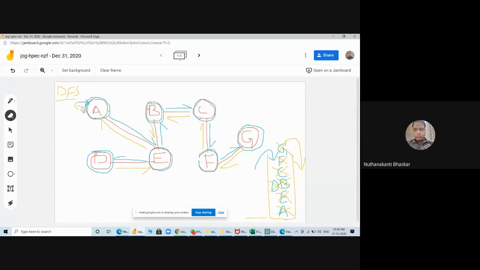Here we visit every node only one time because there is no loop. So this is a depth first search traversal. We visited all the nodes in a graph, at the same time not more than one time for each node, without any loop. So that's why this is a depth first search and the outcome is a spanning tree.